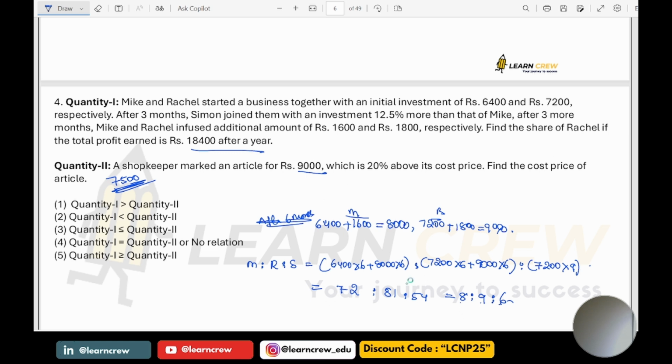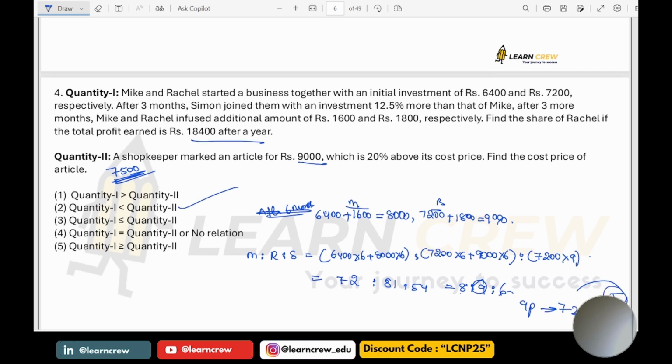Here it is asked for Rachel, which means the second, so 9 parts, 9 into 800, which is 7,200. This is quantity 1. Quantity 1 is less than quantity 2. So the answer is option 2.